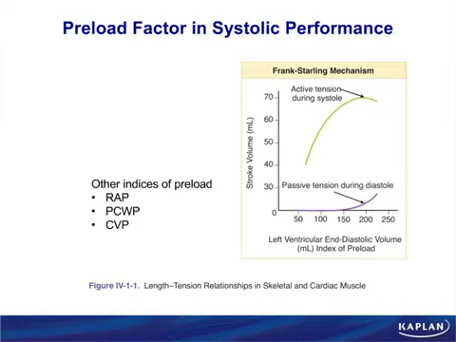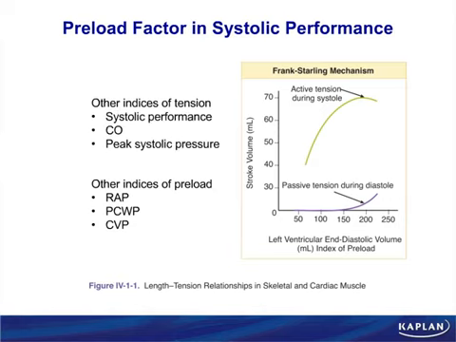We don't put tension on the y-axis like we do with skeletal muscle. Instead, we put an index of tension, stroke volume. But we have other indices of tension. Remember systolic performance. What does the ventricle do in systole? Two things: pressurizes and ejects. So stroke volume represents ejection. We could just use the term systolic performance, which means both pressurization and ejection. I could also use cardiac output, because cardiac output is simply stroke volume times heart rate.